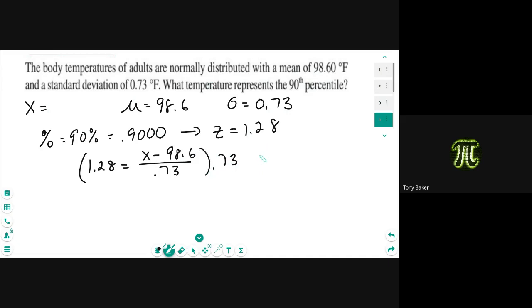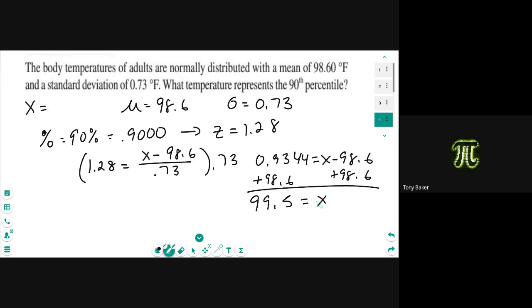So I've got 0.9344 equals x minus 98.6. And then we add the 98.6. Then we get 99.5 equals x.